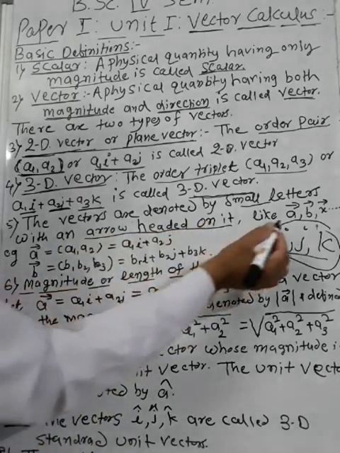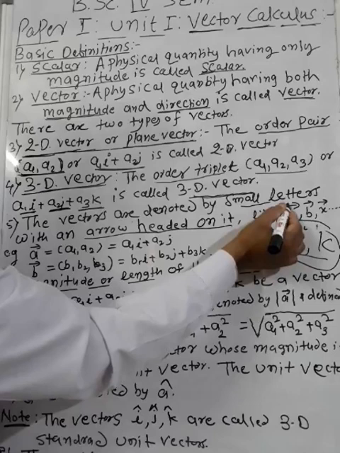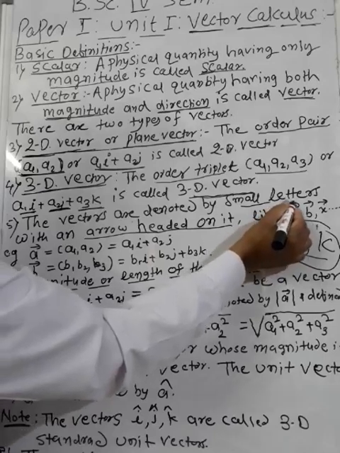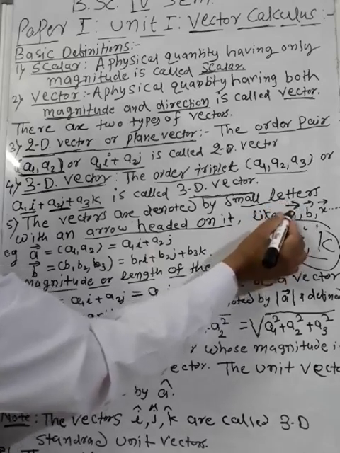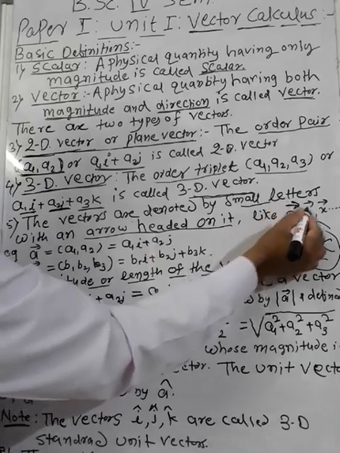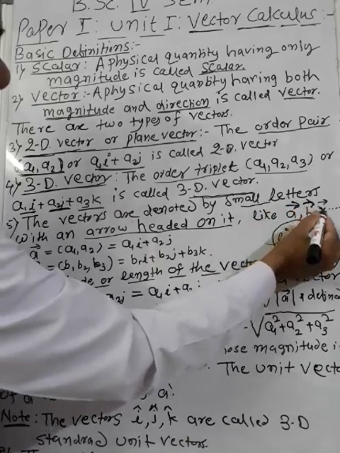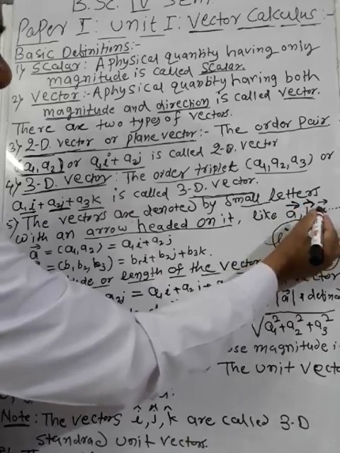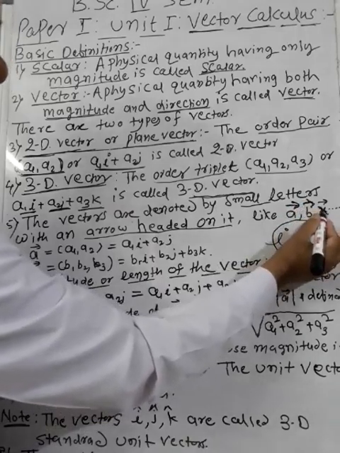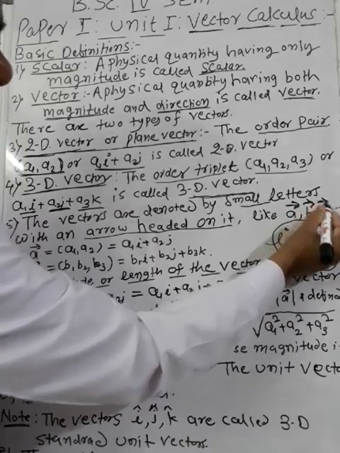For example, this is an arrow on a, this is an arrow on b, and this is x with an arrow on top.